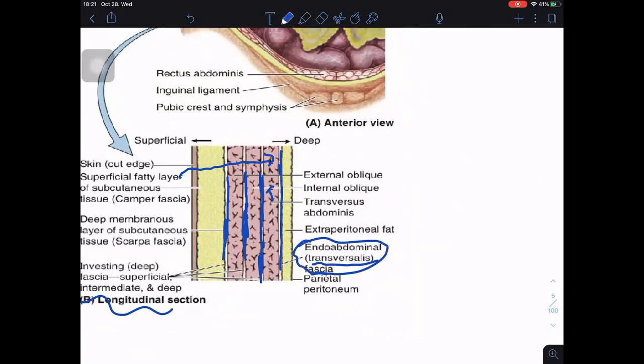And then again, deeper to the transversalis or endoabdominal fascia, you have another layer of fat. Since this is out of the peritoneal cavity, this is called extraperitoneal fat. And then lining the deep surface of the extraperitoneal fat is the parietal layer of the peritoneum, you see? So this is the one.